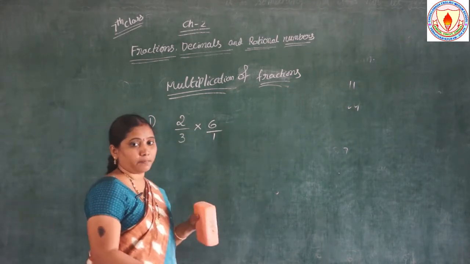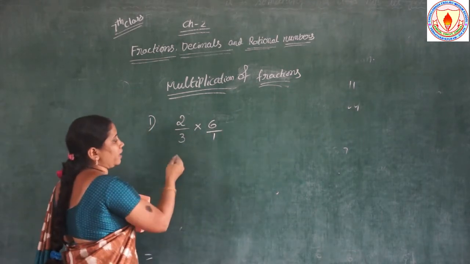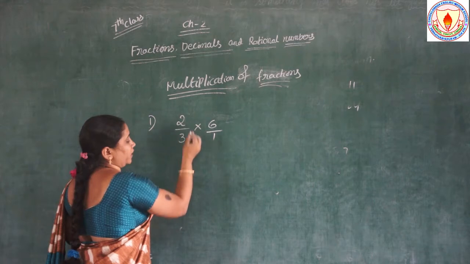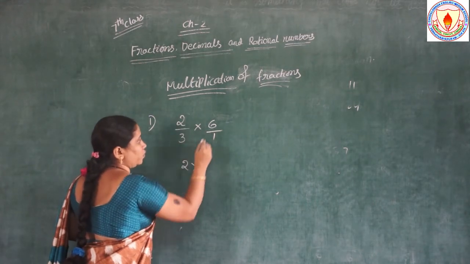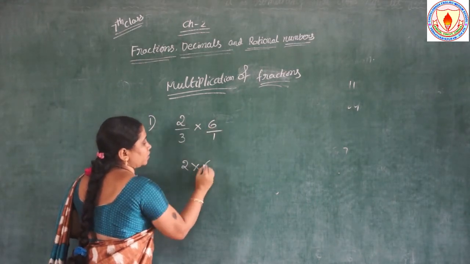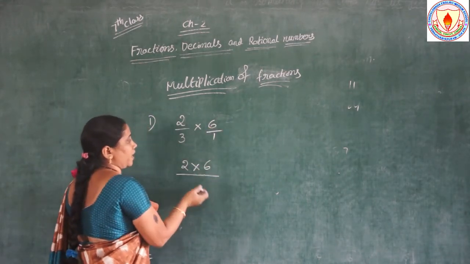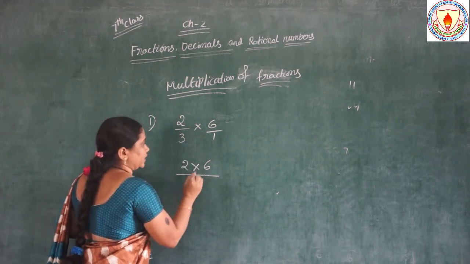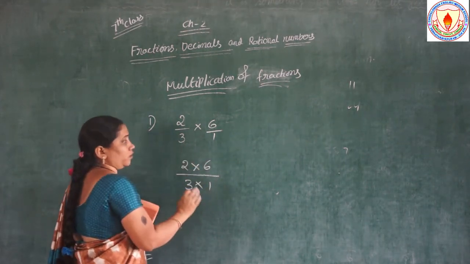How to do the multiplication? You have to directly multiply. Here what is the numerator? 2 into 6 is the numerator, by denominators 3 into 1.